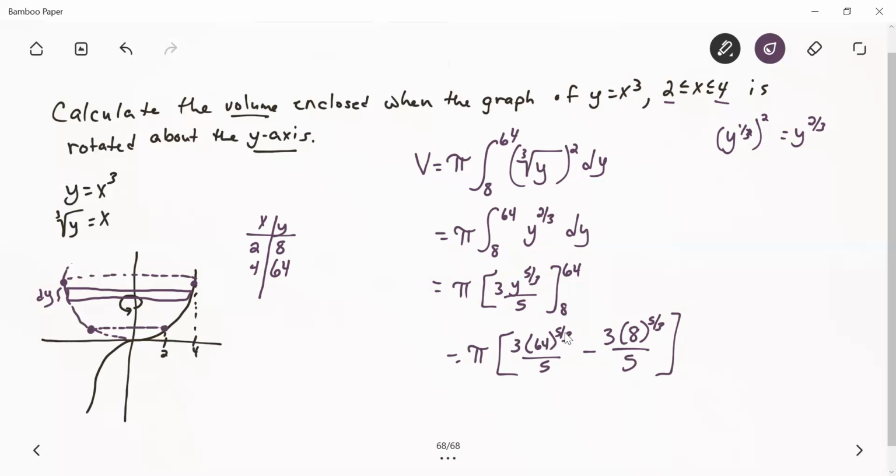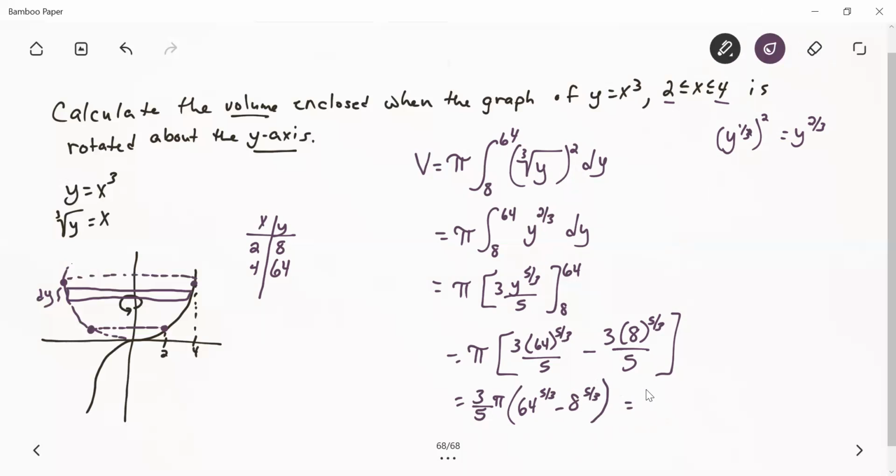So 64 to the 5/3, here's a quick little hint. You can factor out the 3/5, so we have 3/5 times pi times 64 to the 5/3 minus 8 to the 5/3. Now remember, we'll be able to do both of those because we can take the cube root of 64 and we can take the cube root of 8 and then raise that to the 5th power.